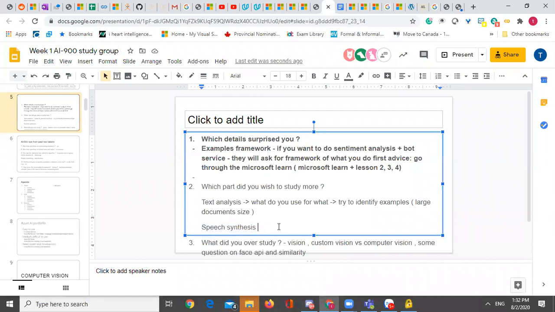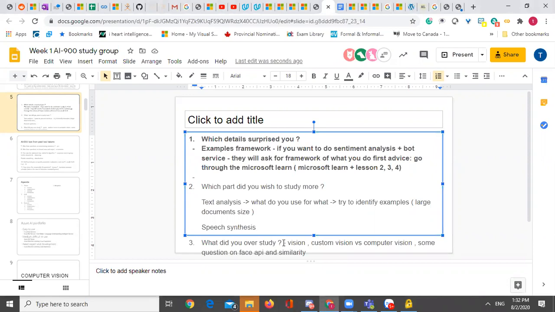Speech synthesis, we briefly went over it yesterday. Please also review that. So what did you overstudy? That was a question for Sandeep. Vision and custom vision, he studied a lot of custom vision because he wasn't sure when he would select custom vision and when he would select computer vision.